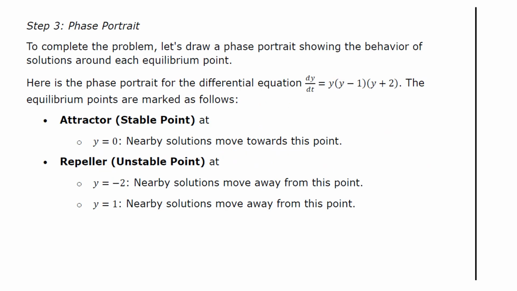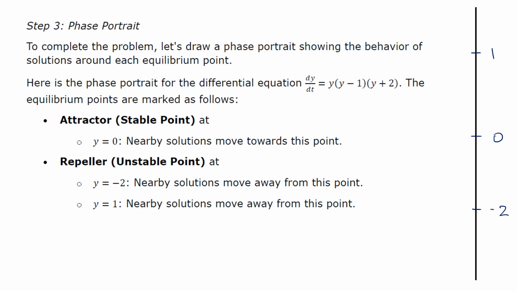To complete the problem, we're now going to draw our phase portrait showing the behavior of the solutions around each equilibrium point. So here's the phase portrait for the differential equation dy/dt equals y times y minus 1 times y plus 2. The equilibrium points are marked as follows. We have 3 equilibrium points: 1, 0, and negative 2.